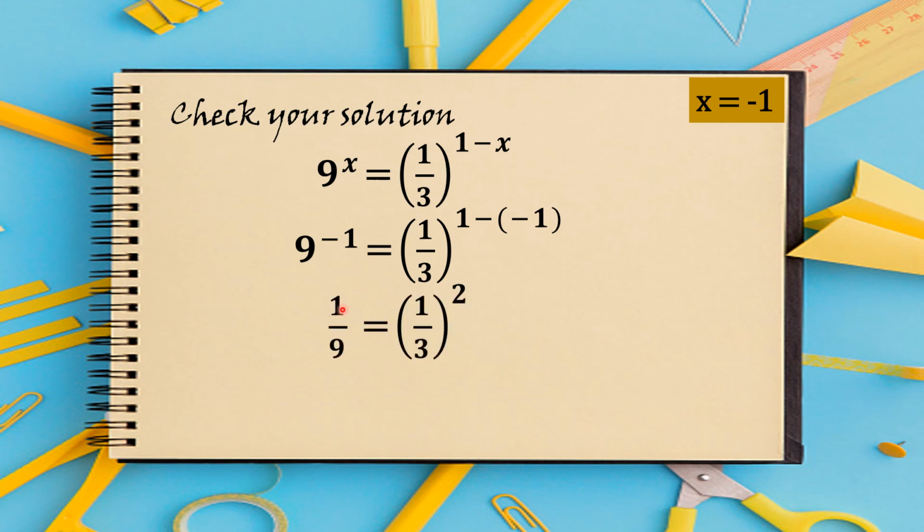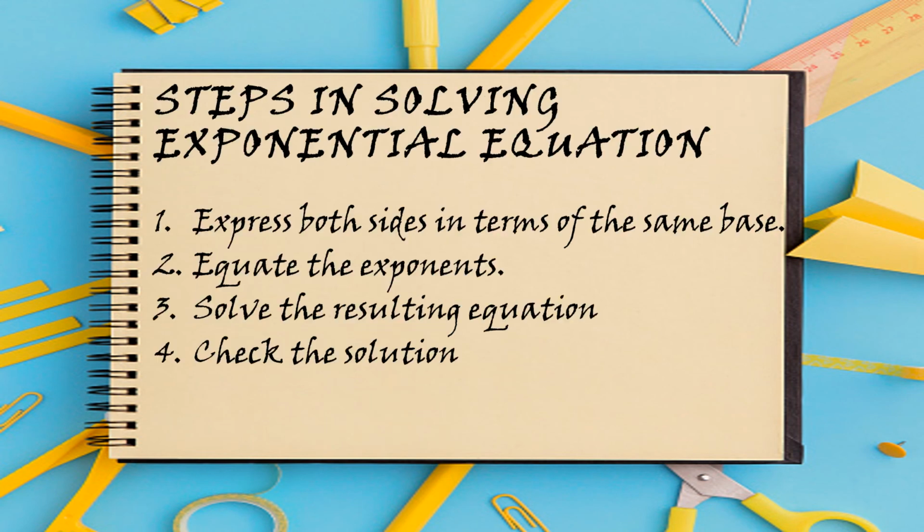So 9 raised to -1 is 1/9, equals 1/3 raised to 1 minus -1, which is actually positive 2. So 1/3 raised to 2 is 1/9. So 1/9 equals 1/9. Therefore, a solution of -1 satisfies the given exponential equation.